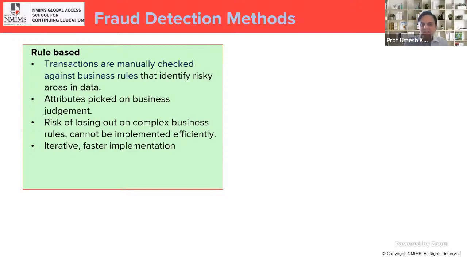Therefore, wherever there are manual checks involved, it does look into risky behaviors, or it does help cause a little issue there. But if your manual maker checker systems are robust, then obviously it's going to help you detect and prevent frauds. Rule-based is used by all organizations to detect and prevent frauds.